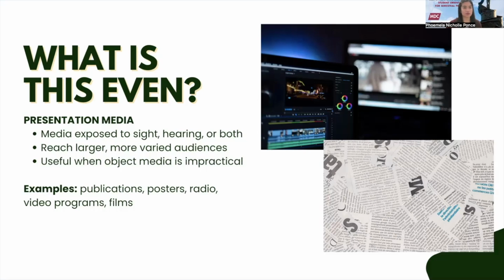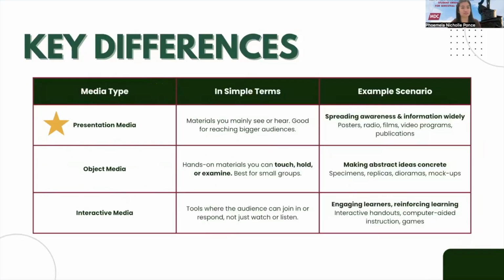Here is further information on the key differences that these three types of media have. For presentation media, in simple terms, these are materials that you can see, hear, or both.